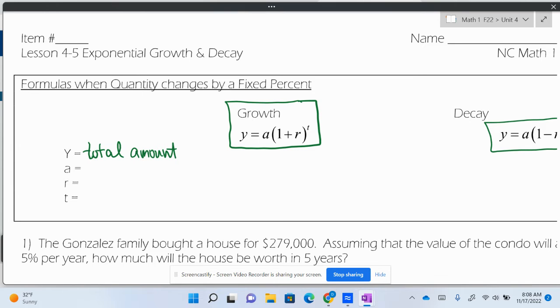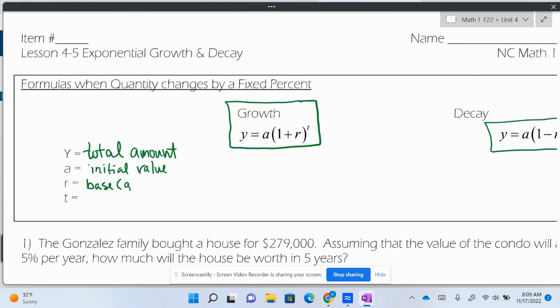A, what does a represent in our exponential function? The initial value. Good job, Anaya. Initial value. Okay. What does R stand for? It was like our common ratio, which is our base or our multiplier, right? So we're going to call it our base.